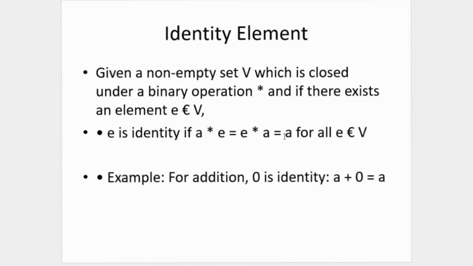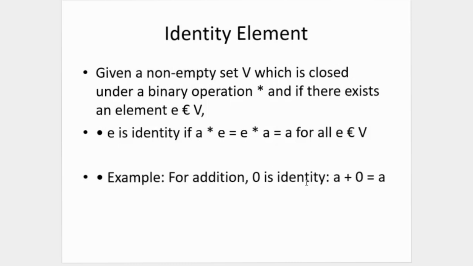And of course, this is a unique element, right? There's only going to be one identity element for a given binary operation in the set. For example, for addition, 0 is the identity because A plus 0 is always going to be A, no matter what A is. And this is a simple addition.